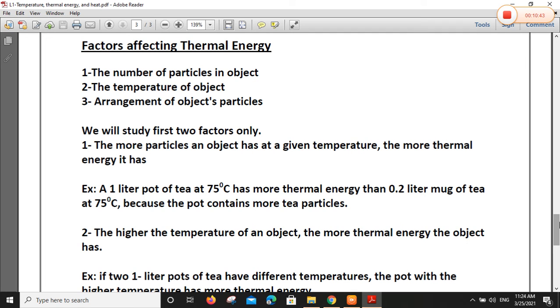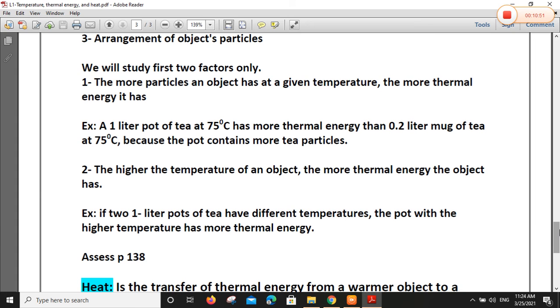Okay? So higher temperature, more thermal energy. Example: I have 2 containers, 1 liter and 1 liter pots of tea with different temperatures, one at 50 and one at 90. The pot with higher temperature has more thermal energy, as I told you.